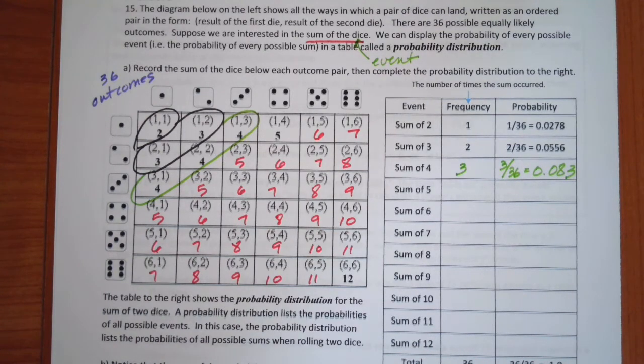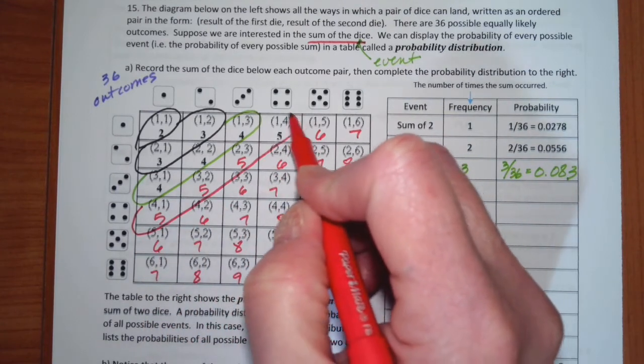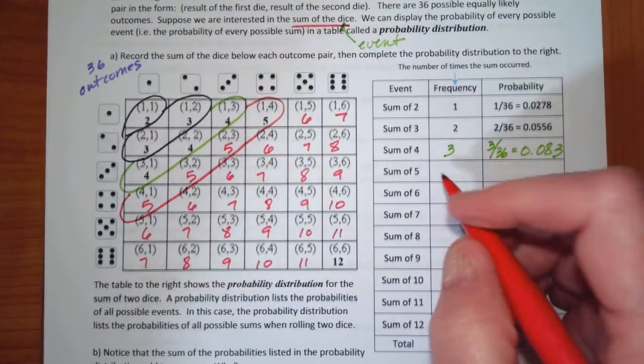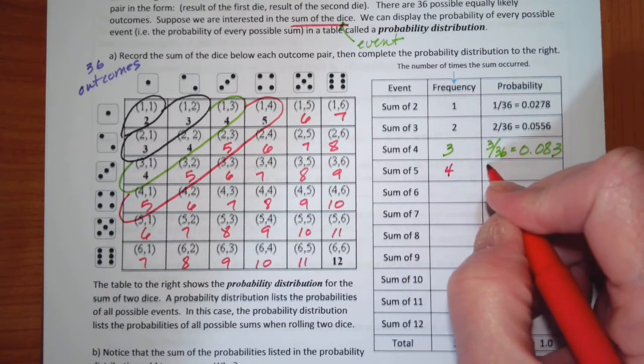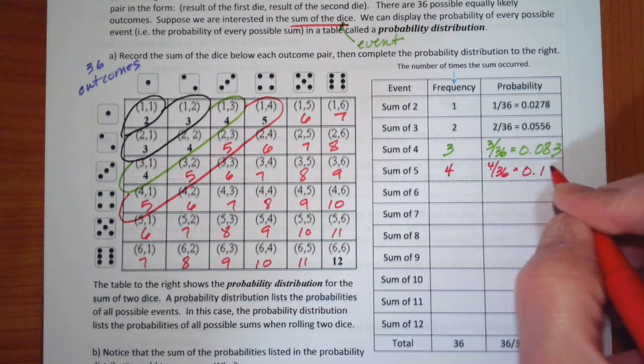And then you're going to continue down with that. So we can do a sum of 5. There are 4 ways to do that. 4 out of 36 is 0.111.